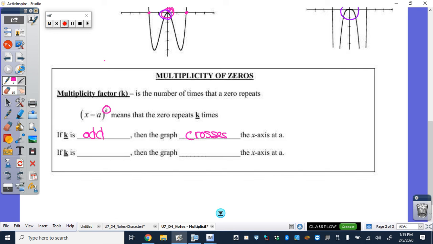Sometimes it's a wiggle, sometimes it's a straight line if it's just to the first power. And then if k is even, it bounces off. You'll hear some other people use the phrase touches the x-axis at that point in time, but it definitely does not go through the x-axis there.